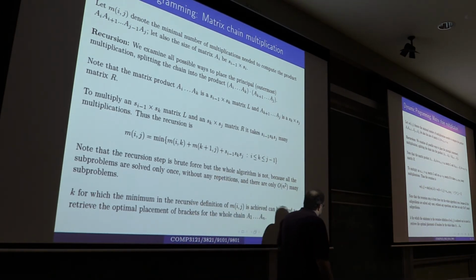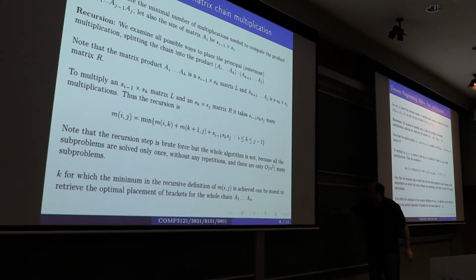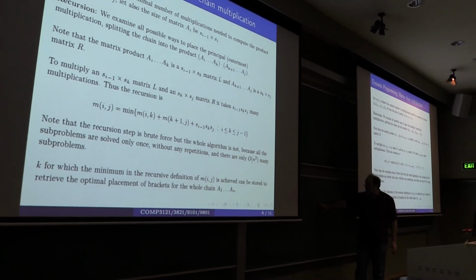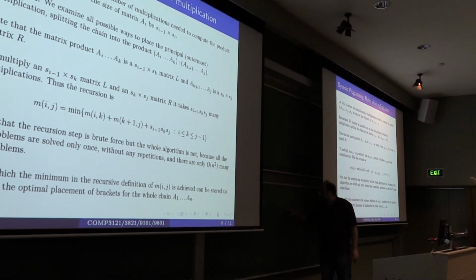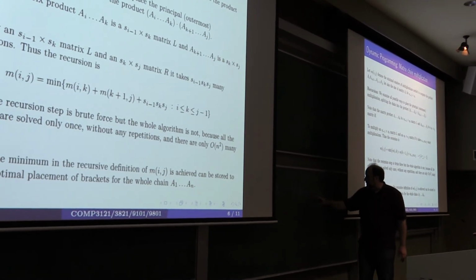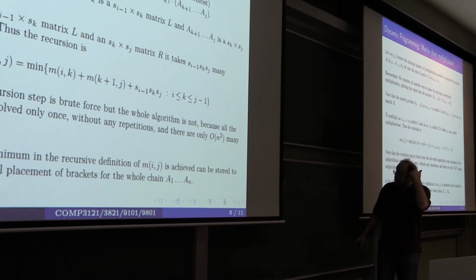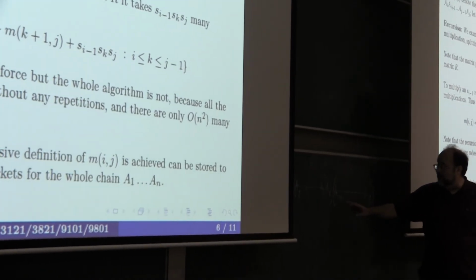This is simply the price to multiply the resulting matrix from taking the first k of them times the matrix from the remaining k plus 1 up to J. What is the format of these two matrices?